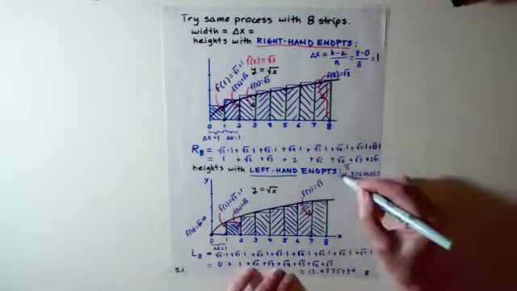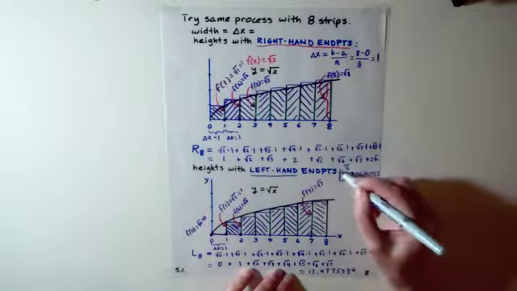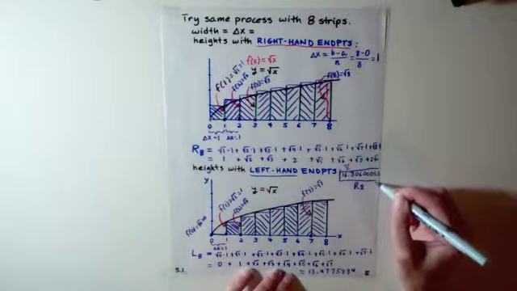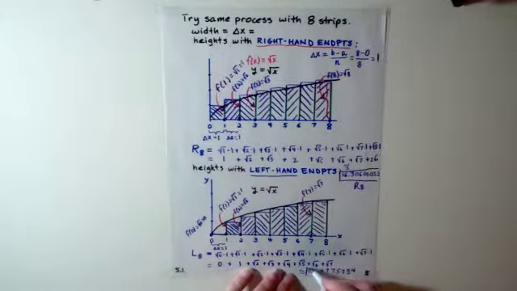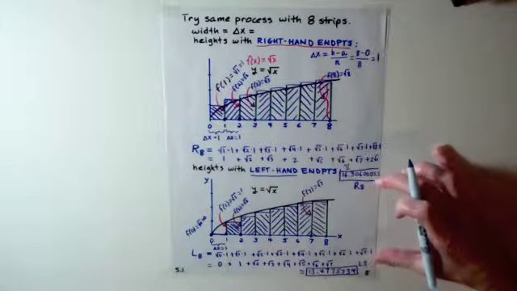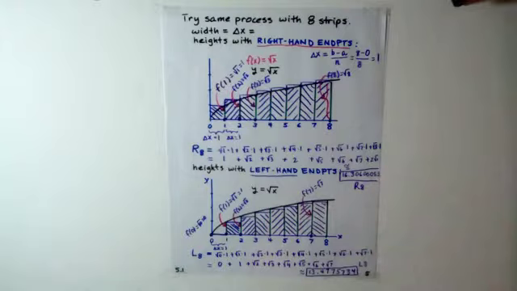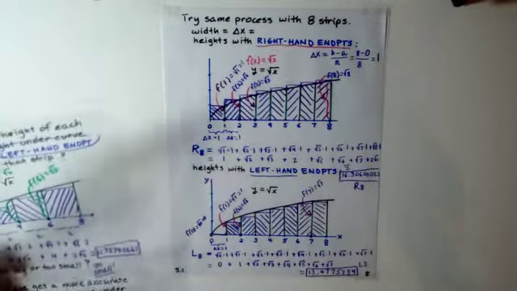13.475734. So here was our value for R8, and down here is our value for L8. And one thing you might notice is that these two numbers are closer together than the R4 and the L4 that we had.